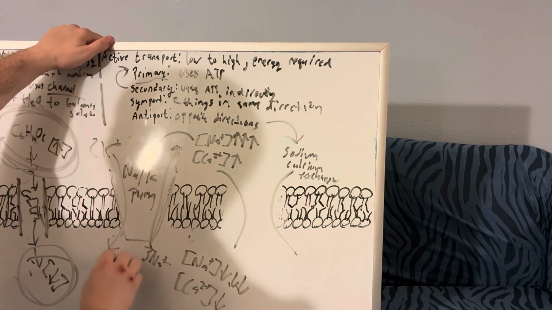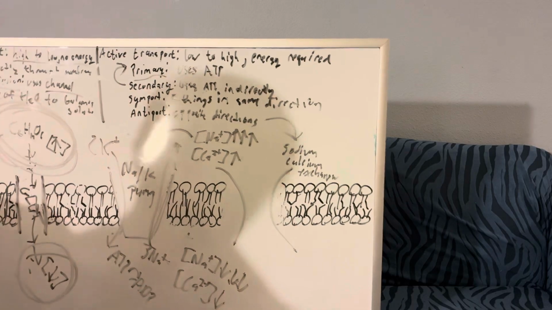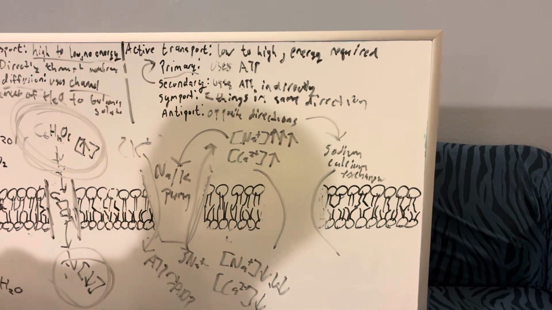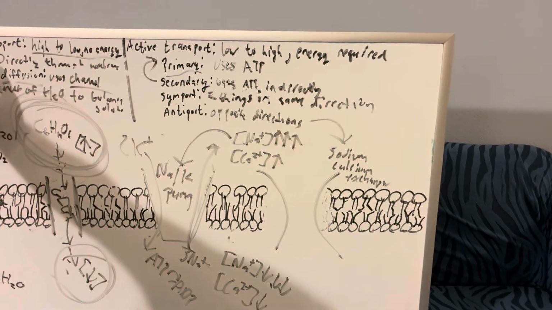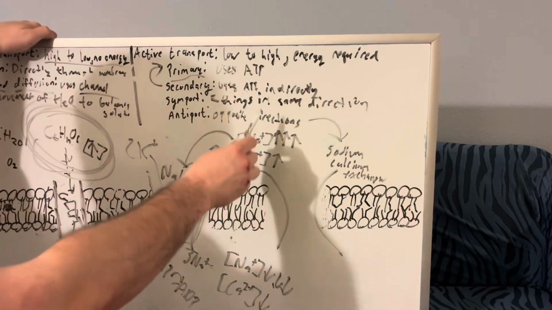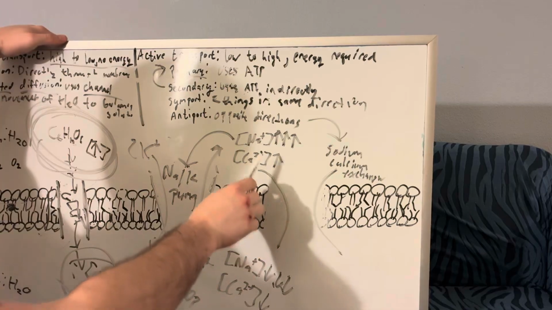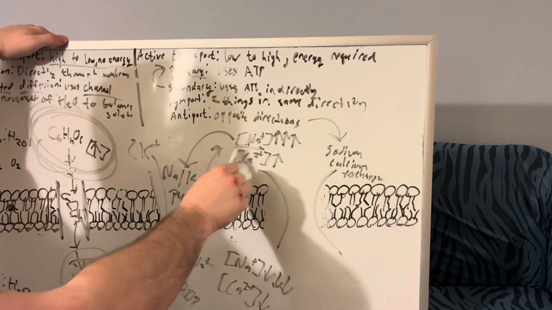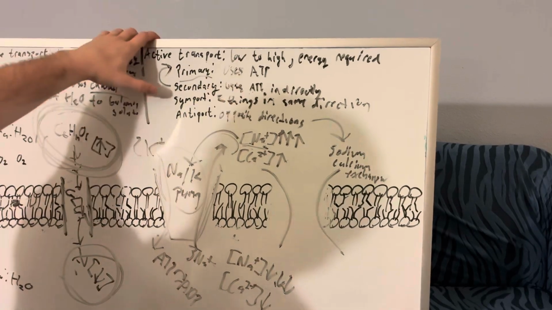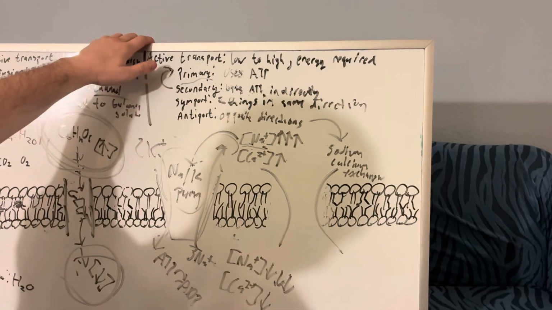And it did that by using ATP to ADP. That is what I mean when I say we are indirectly using ATP. Oh, I hope this is in frame. It's in frame. That's lovely. So the ATP is being used because we are harnessing the concentration gradient of sodium that we have created from this sodium potassium pump. And that's what I said when I said secondary active transport is dependent on primary active transport.